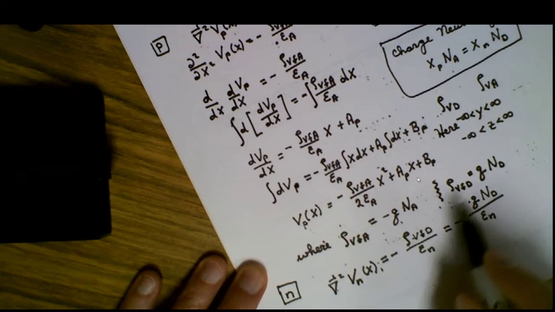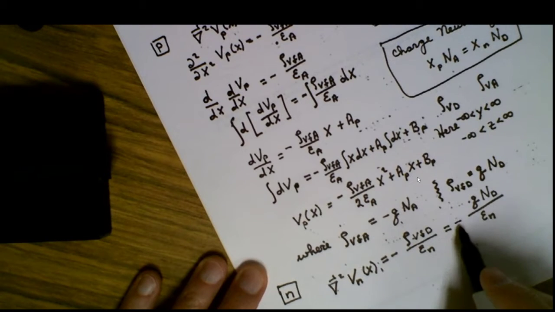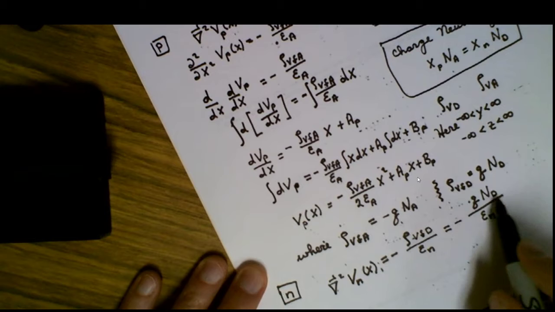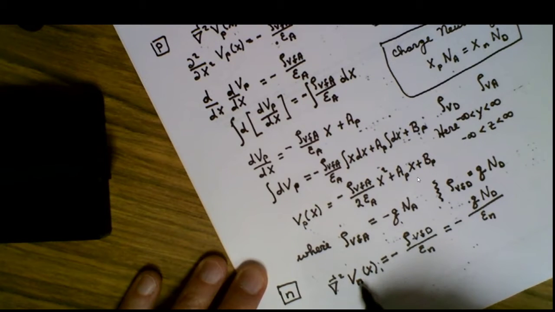Therefore, our volume charge density is going to be flipped in sign, or if you like, whenever we see an N, we replace D by A, or A by D, and we replace P by N, and we will get the same expression.